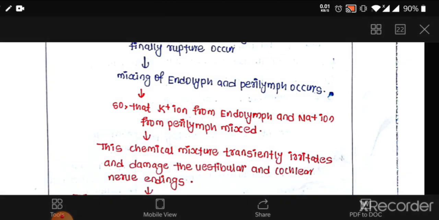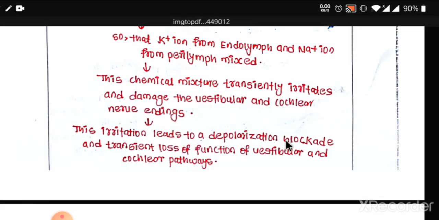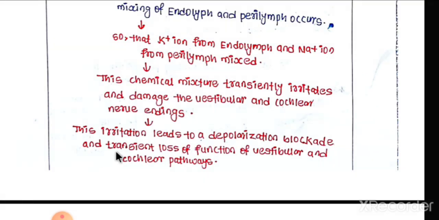When the vestibular and cochlear nerves get irritated, it leads to depolarization, blockade, and transient loss of function of the vestibular and cochlear pathway. If there is depolarization, blockade, and transient loss of vestibular nerve function, then vertigo occurs. And if there is transient loss of function of the cochlear pathway, sensorineural hearing loss and tinnitus occur.